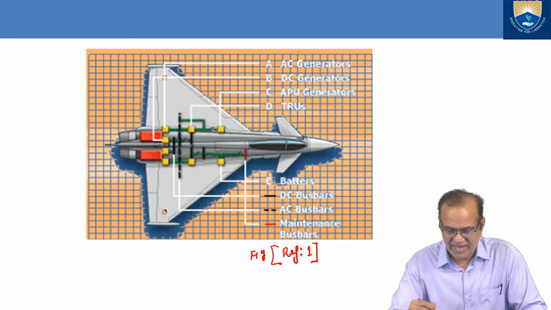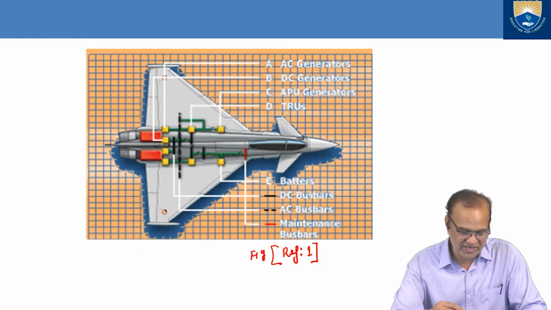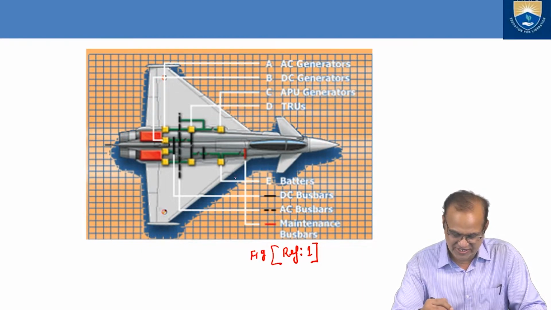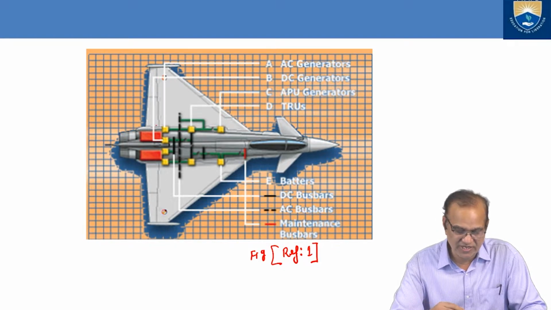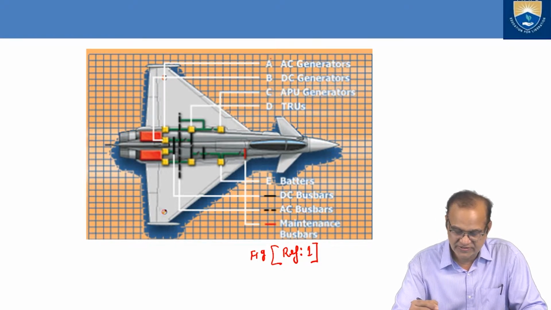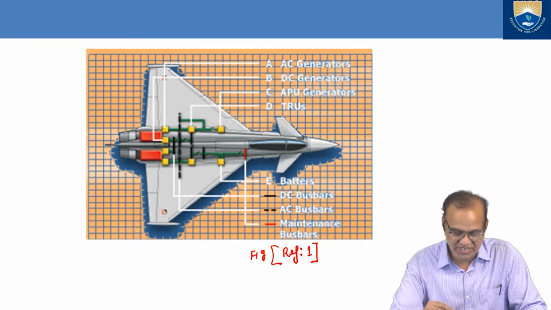Here A is the AC generator. These are near the engines. All the AC generators are here. Then DC generators are also here in the engine. Then APU is here. Then TRU is here.